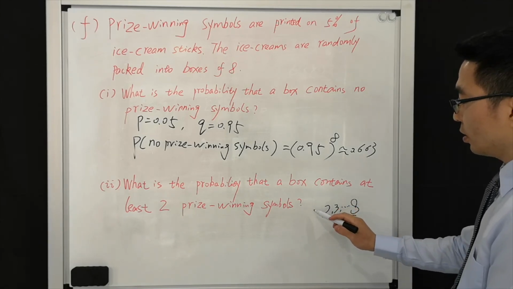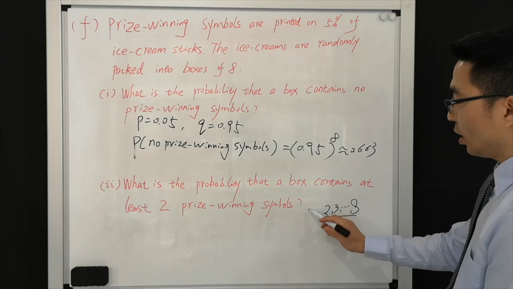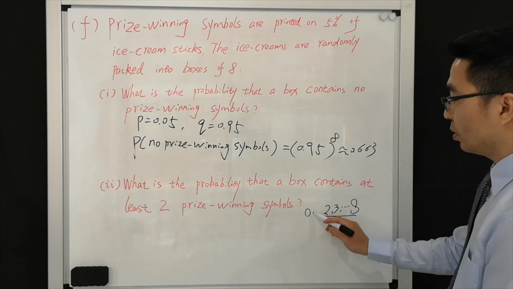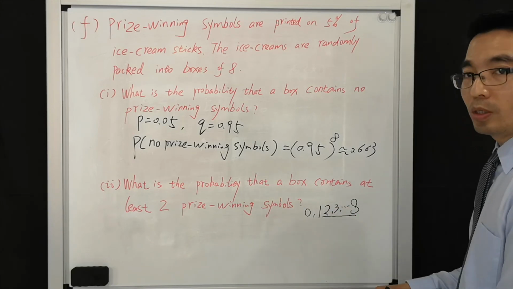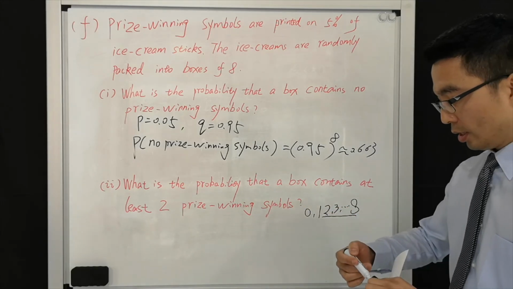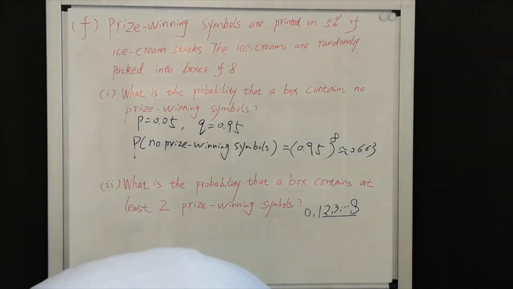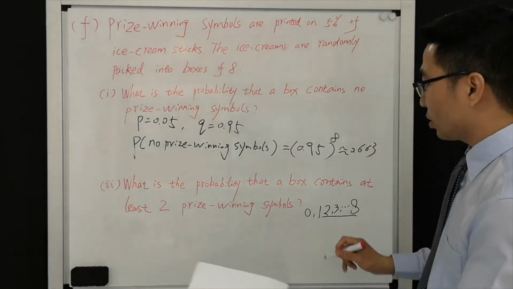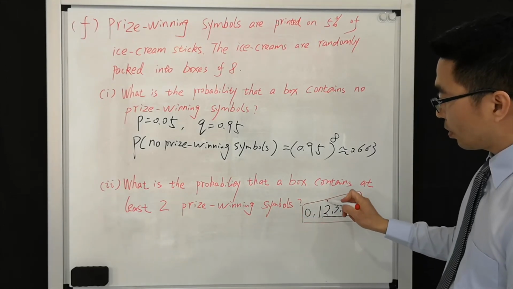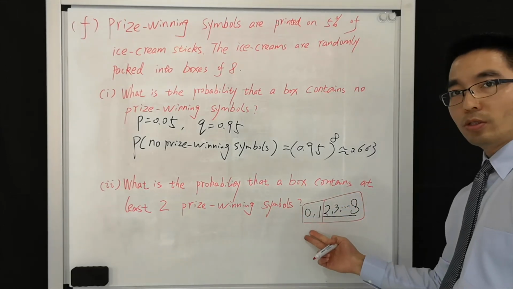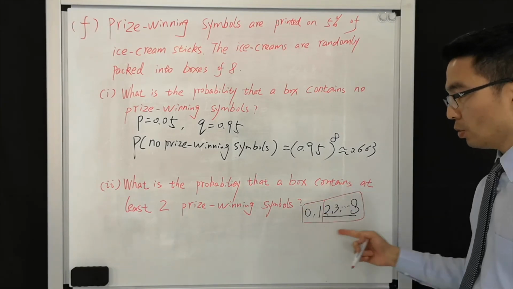And the opposite could be 0, no winning symbols at all, or only one winning symbol. To handle an at-least question, we can use the total and subtract these two situations, because the total is 1.